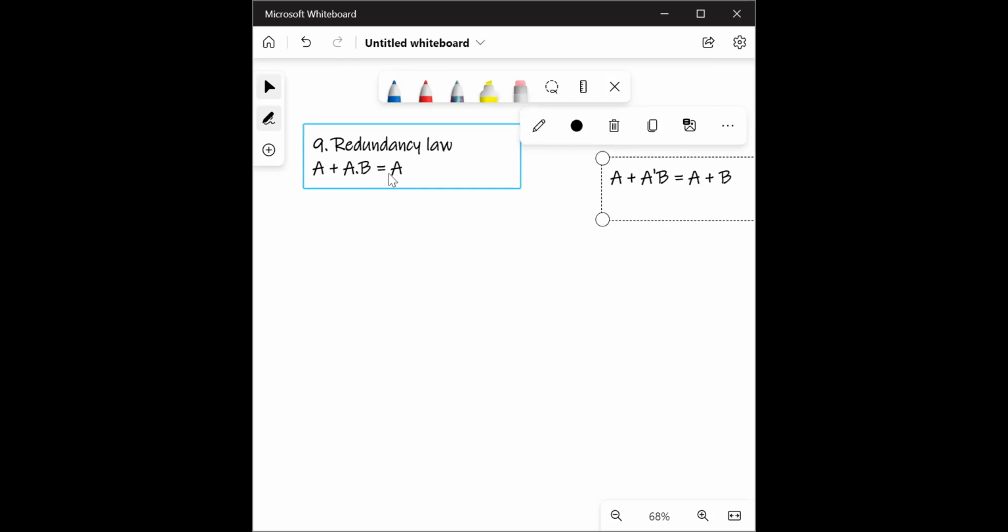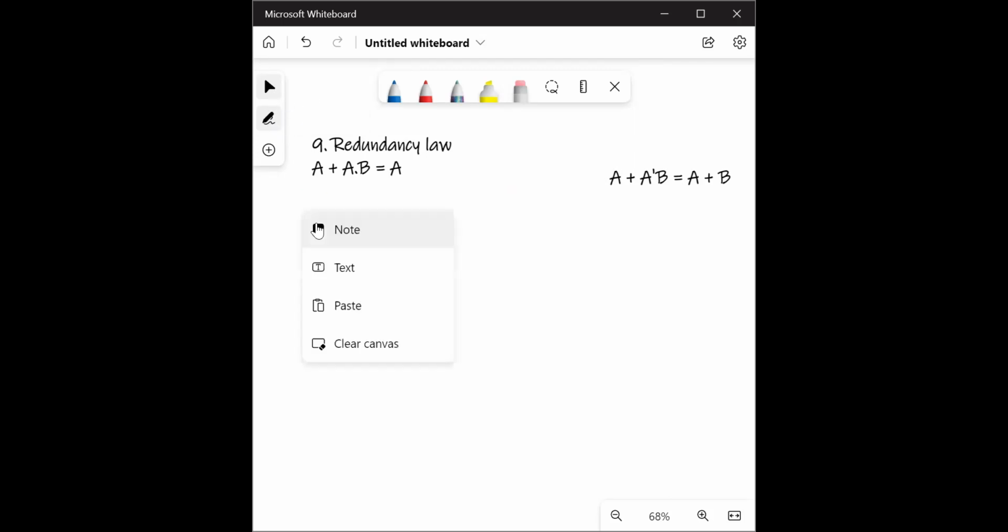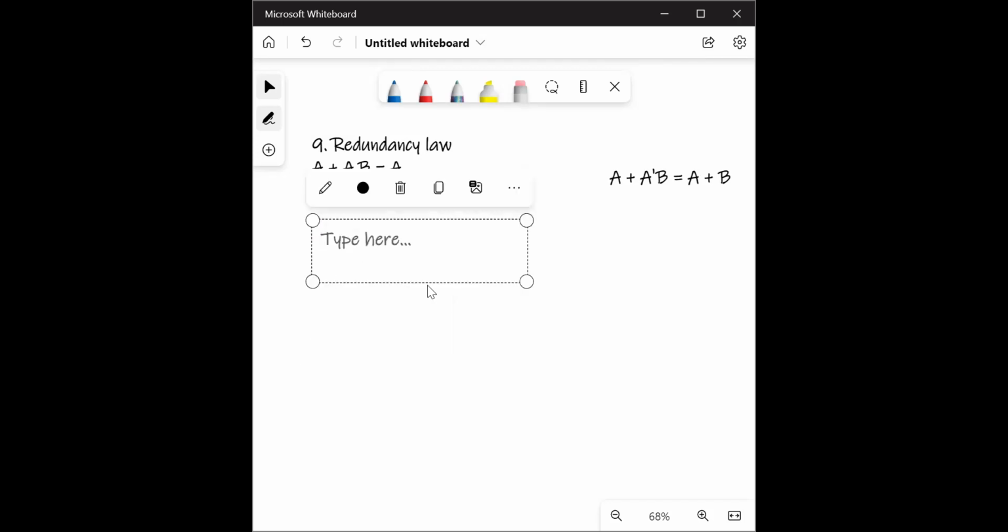It says basically it's A. You can actually use truth table to identify this, or simply, if you take A out, this will be 1 plus B. From the previous knowledge, when you add 1 with any variable, you will get 1. So basically you are left with A, right? So let me type it for you. So this is what I said.